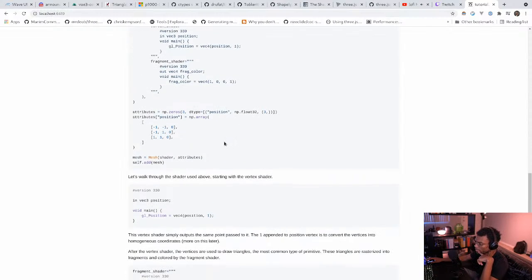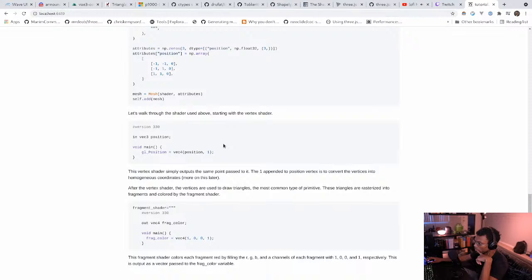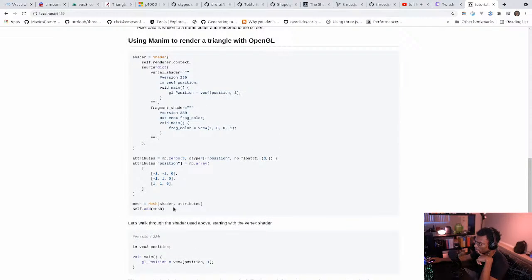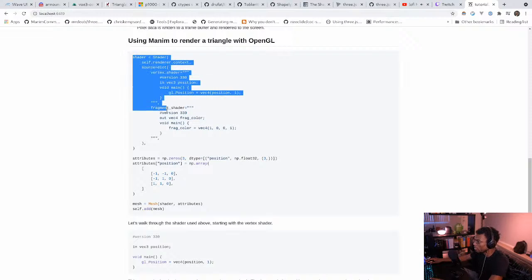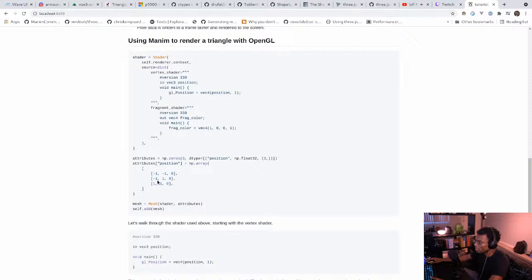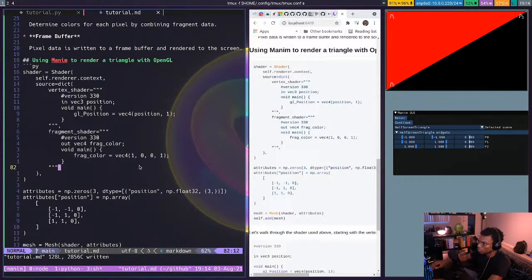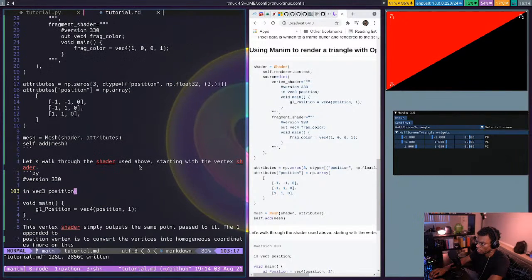Honestly, the best way to approach this would be to walk through this, map each part of the pipeline onto this, at least to the extent I can. That's sort of what I was doing. Let's walk through the shader, starting with the vertex shader. I shouldn't start with the vertex shader, start with the vertices.